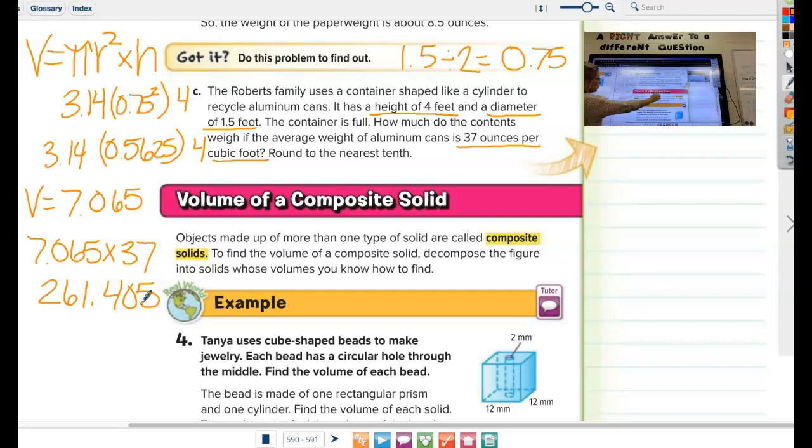I'm just going to round it to the nearest tenth. So the 0 tells my 4 to stay the same, so my final answer is 261 4/10. And since we're talking about the weight, we would say ounces.